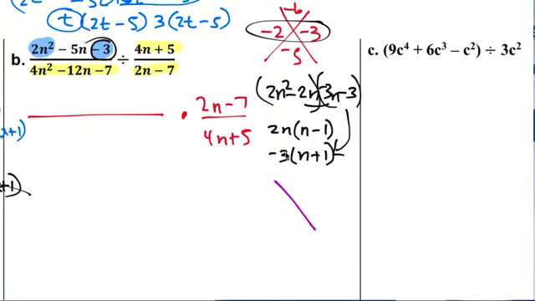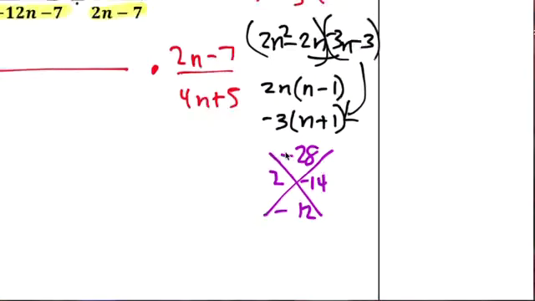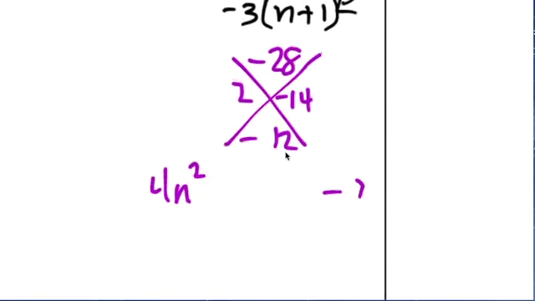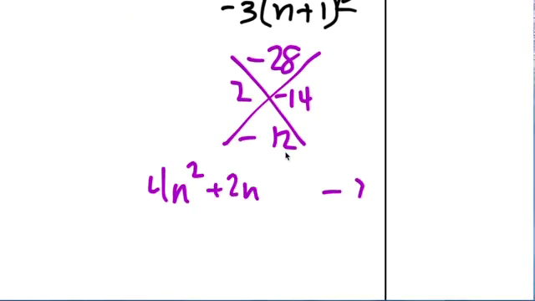Anyways, the other one at the bottom, you got negative 28 and then negative 12. So 2 and 14, negative on the 14. So I got 4n squared and then minus 7. So this is add 2n minus 14n.